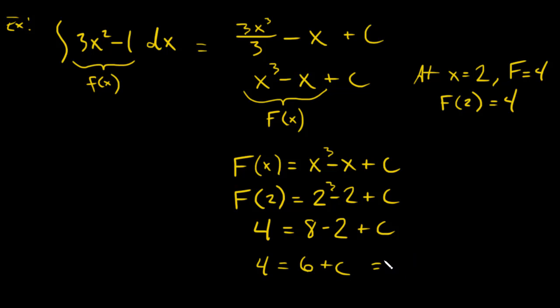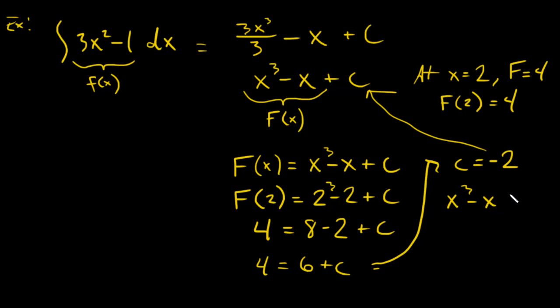So I'm going to swing up here. C equals what? Negative 2. So now I can plug that in there, and I'm going to get x cubed minus x minus 2. Okay?